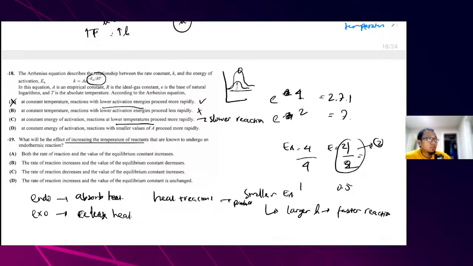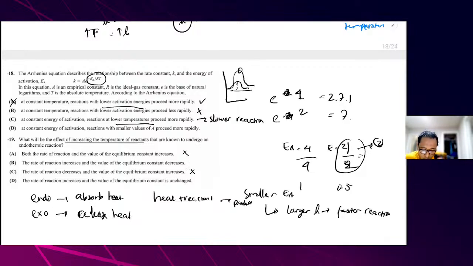Okay, if we increase temperature and heat is a reactant, the system shifts towards the product to get rid of the extra heat. So the rate of reaction will be faster, so we can eliminate this.